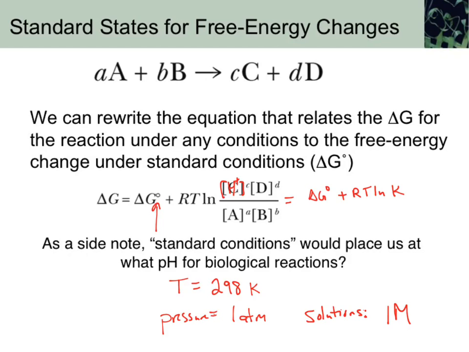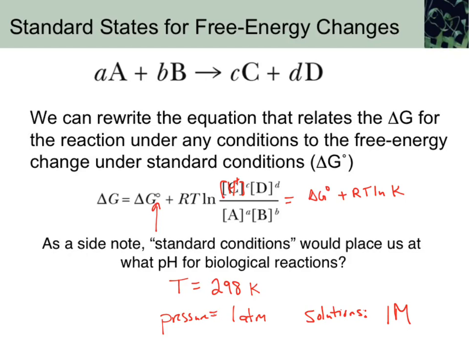If I use 1 molar for my H+ at my standard state, what pH am I at? It's a little bit trickier. A 1 molar concentration of H+, that's very acidic. You're looking at a pH of pretty much 0. A pH of 0 is very, very not good in a biological system.